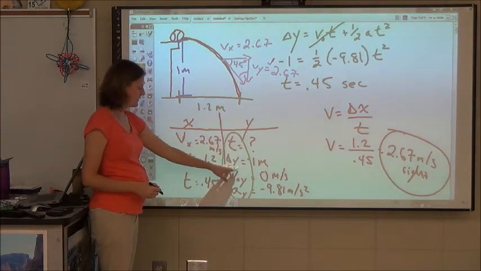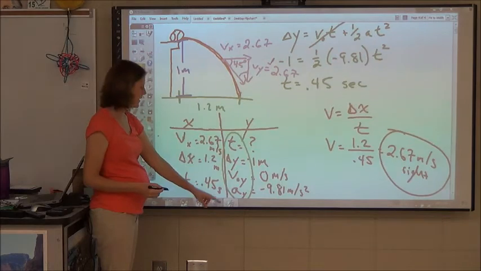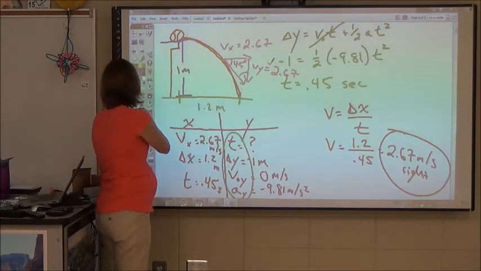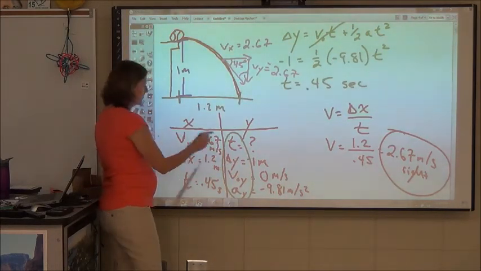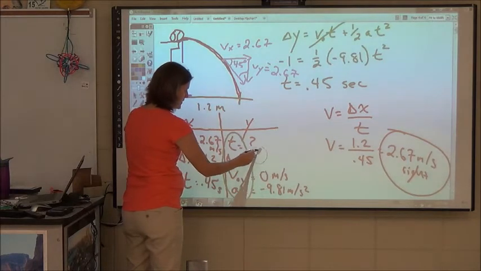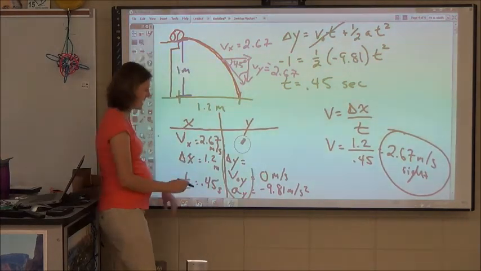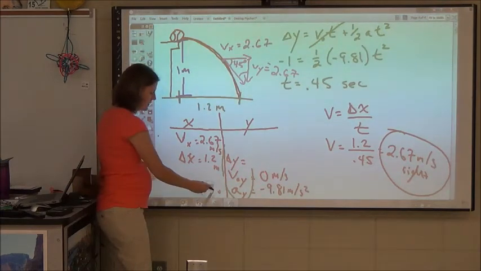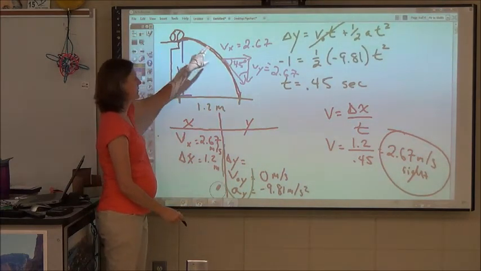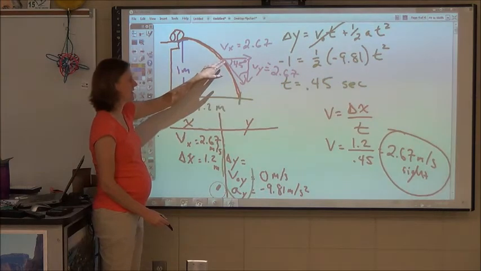So none of this information has changed, except solve for a different delta y now. I take that back. And the time is not the same time. It would obviously not take the full 0.45 seconds to get there.